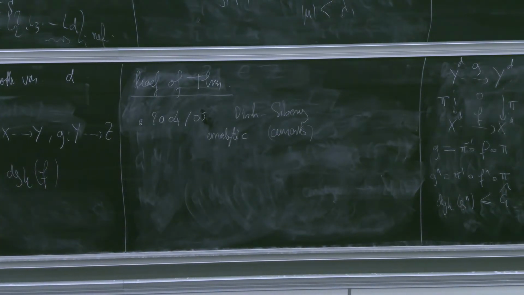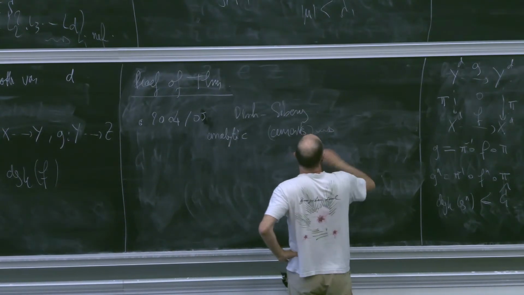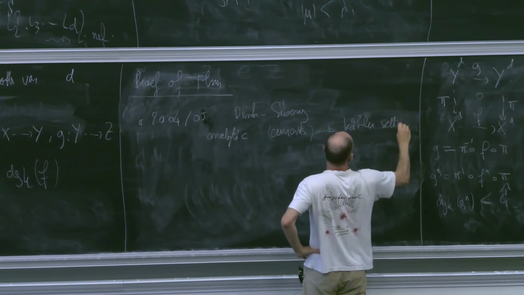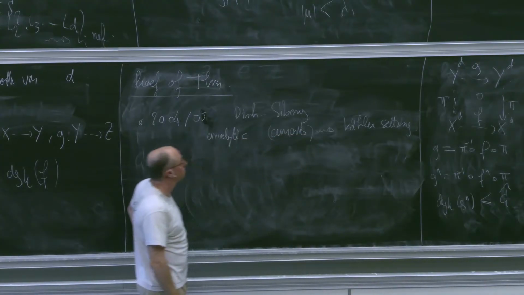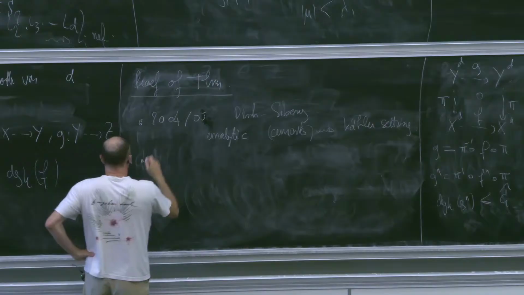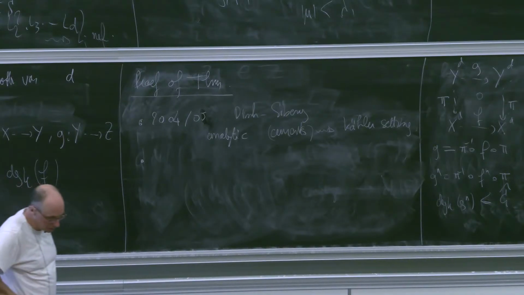A good point about this proof is that it's a bit more general. It works not only for projective varieties, but also for compact Kähler manifolds, for meromorphic maps on Kähler varieties.